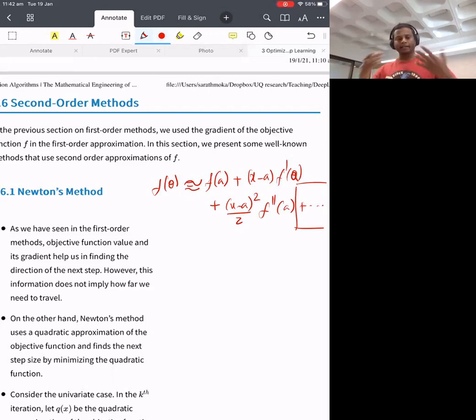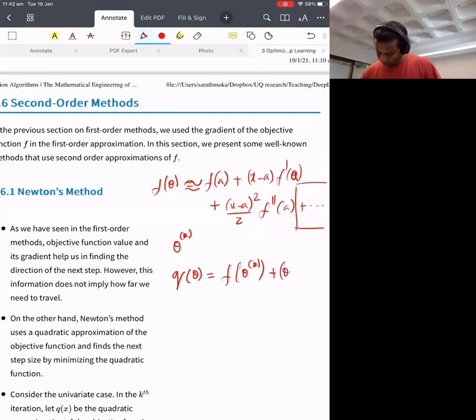Suppose you're at the kth iteration of the descent algorithm. You are at the kth point and you want to move to k plus 1. What you do is define q of theta to be f of theta k plus... I'm sorry guys, I'm using x and theta wrongly.